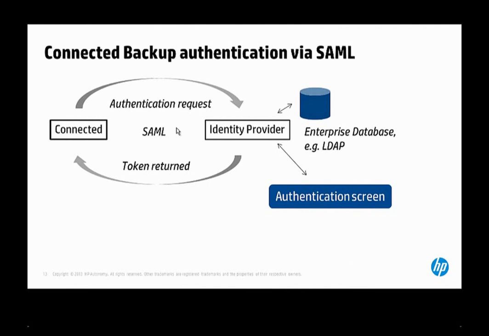Now, this identity provider can do almost anything in terms of how it authenticates users. It could do fingerprint scans or retina scans, or integrate or talk to Active Directory via LDAP, or put up its own authentication screens, whatever the case might be. And what Connected gets back are tokens that provide it with the necessary access and authorization that it needs for the functions that it's going to perform.